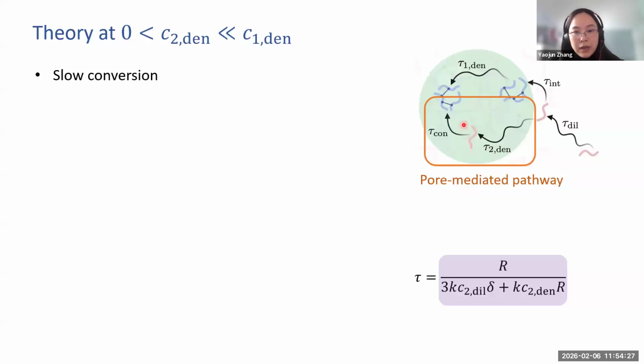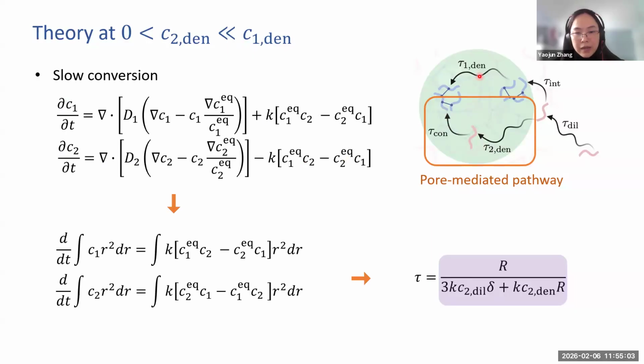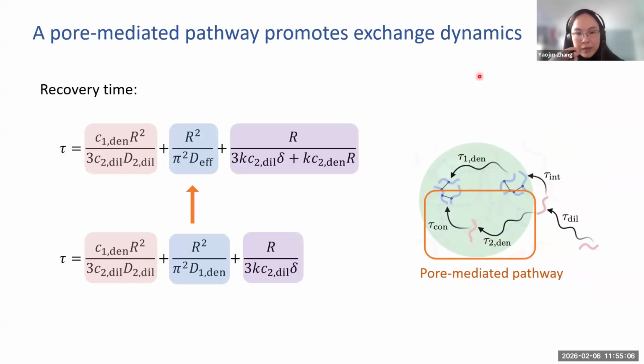Since conversion can happen both at the interface and in the bulk of the dense phase, and these two processes in fact happen in parallel, the conversion-limited recovery time contains two contributions. This part comes from the interface conversion as before, and this part comes from dense phase conversion, where you have the free polymer attaching and detaching directly inside. Again, these are expressions from rigorous derivation.